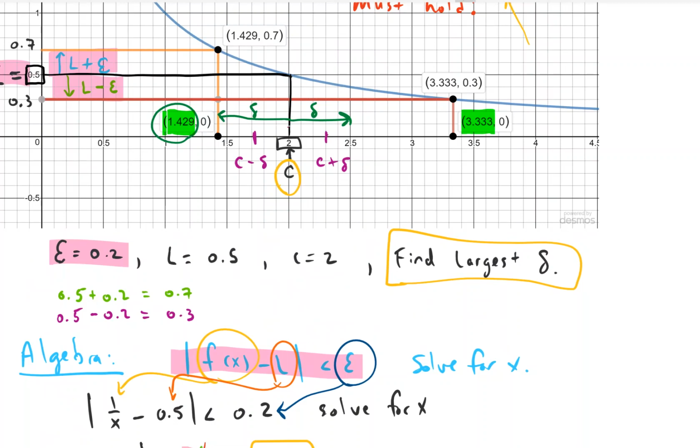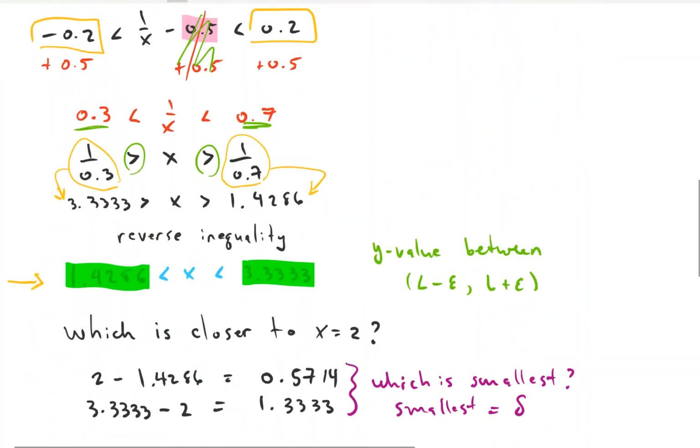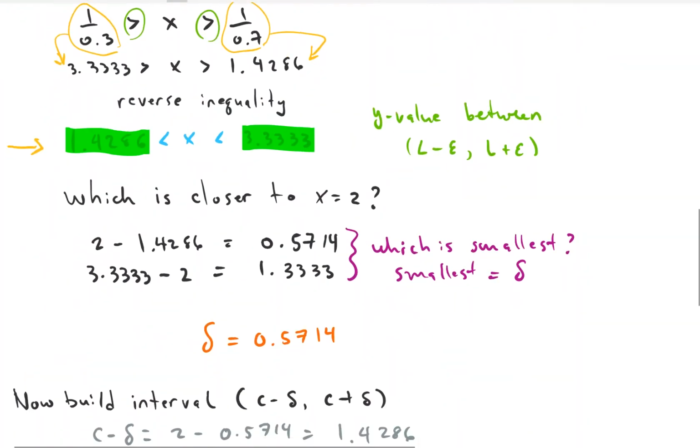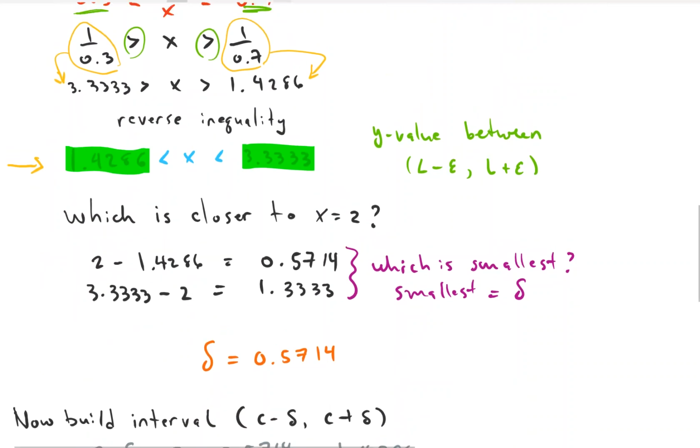So we just found those 2 x values that were associated with the y values of 0.7 and 0.3. We just found them algebraically. So the idea now is, which of these is closer to 2?